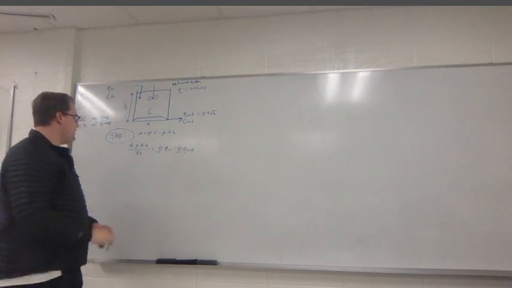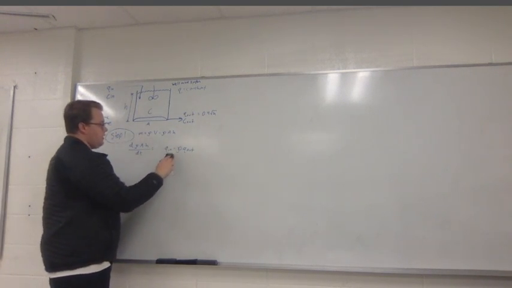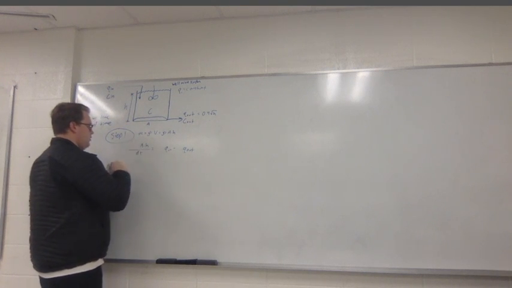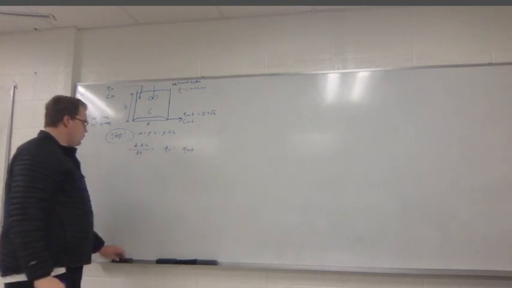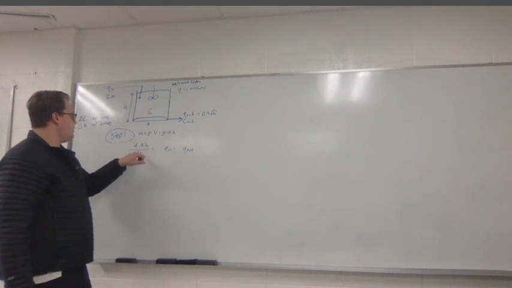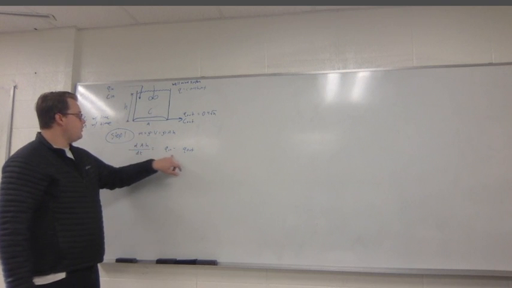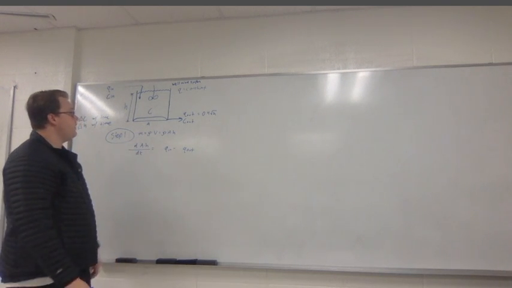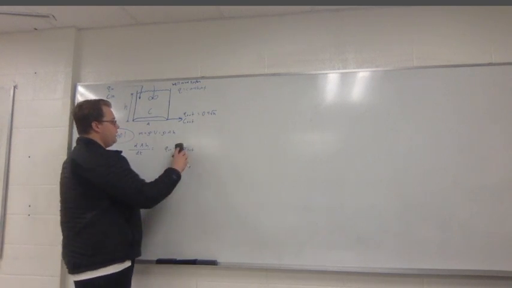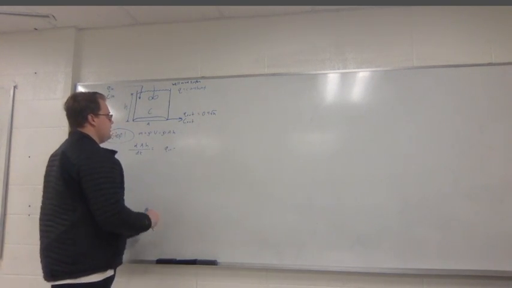So that eliminates density from both the right-hand side and left-hand side of our equation. And we are left with just area times height with respect to time is equal to flow rate in minus flow rate out. And we know, just like last time, that flow rate out is 0.4 times root h.